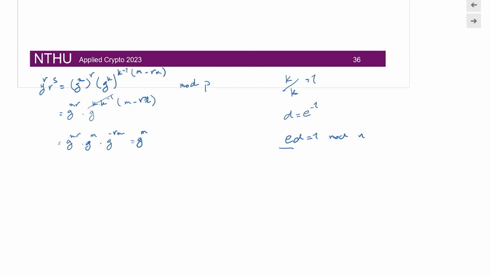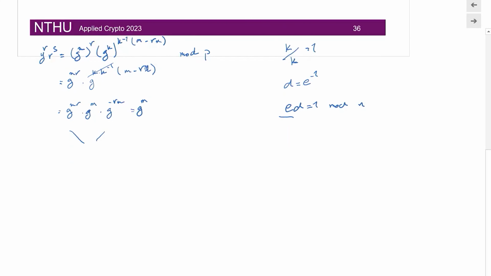Okay? And then I think this part should be easy to understand also. So we have g to the xr, minus, when you multiply them together, you add the exponents, right? Minus xr, which becomes g to the 0, which becomes 1, right? So that part is easy to understand.